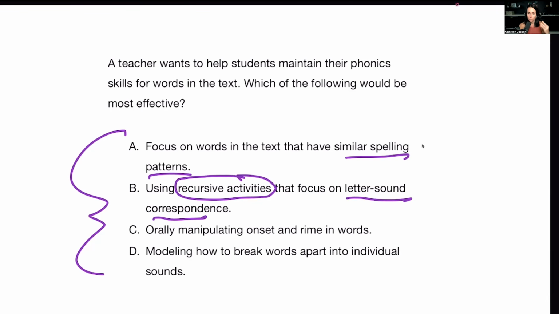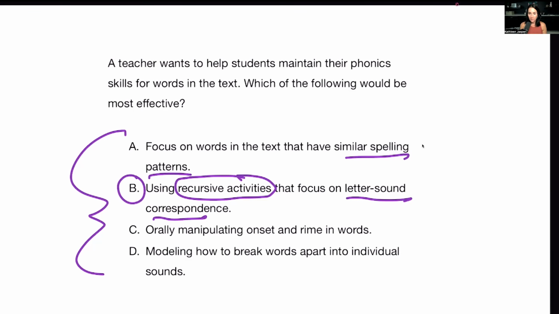So anything related to recursive instruction, recursive activities is going to be a good answer choice. It may not say recursive. It might say going back and fixing up skills and then using them again for harder questions. That's the kind of thing that recursive activities do. So I'm going to circle B because I really like it.